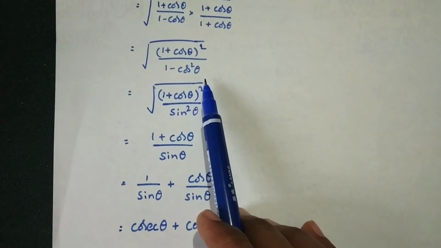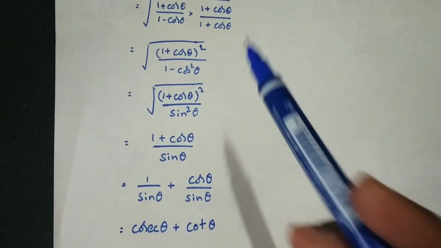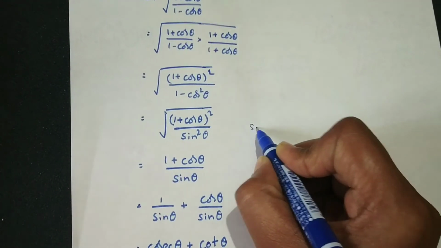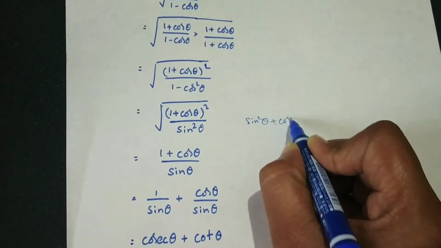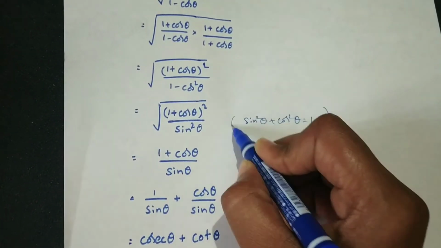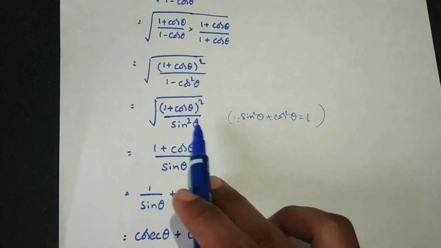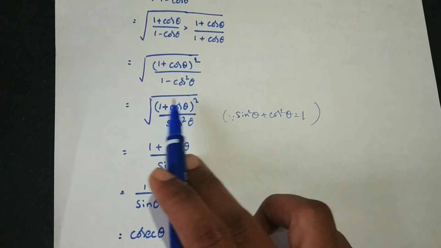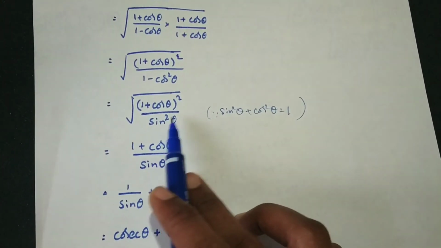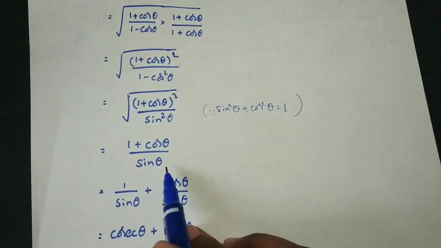Applying the first trigonometric identity, sin square theta plus cos square theta is equal to 1, 1 minus cos square theta is equal to sin square theta. The square and root will be cancelled. The denominator is square root of sin square theta, nothing but sin theta.